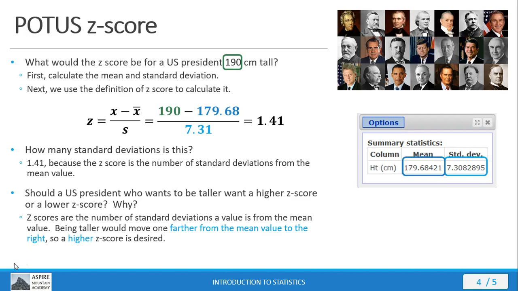So that means moving to the right of the mean value. The z-scores to the right of the mean are positive, and the farther they are to the right, the more positive they are. So anyone who wants to be taller will want a higher z-score because that moves him or her farther to the right.